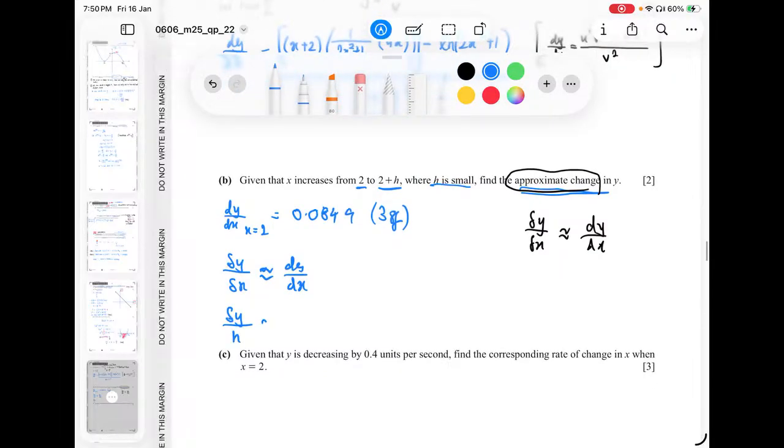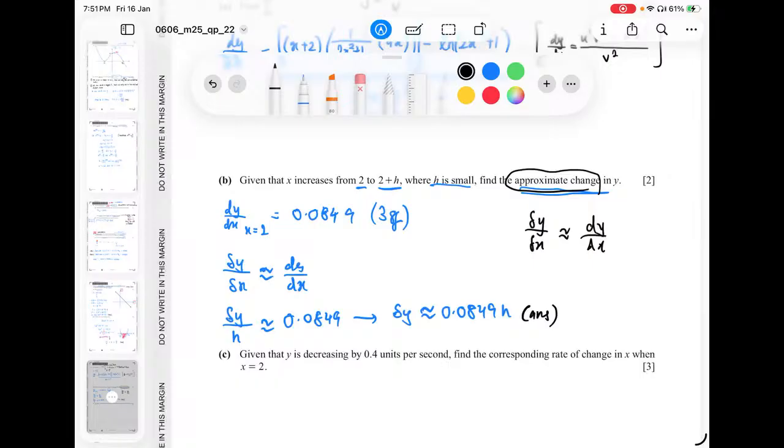So the small change in x is going to be h, and then this is going to be 0.0849. And now the small change in y, which is they are asking the approximate change in y, is approximately 0.0849 h. So just bring the h to the other side and it will get multiplied. And that's going to be your final answer.